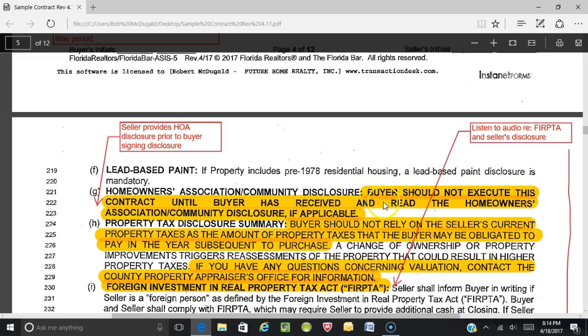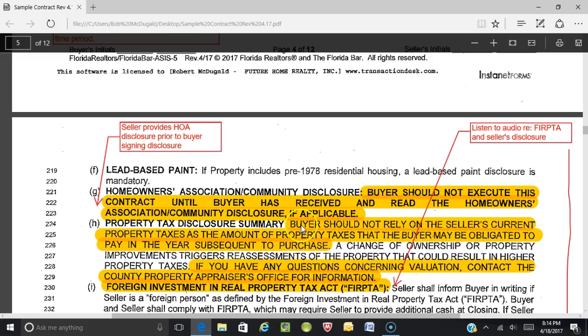You certainly don't want to send over a blank HOA disclosure that's been signed by your buyer and say, please fill this out. You may send over a blank one and say, hey, look, I didn't notice one was here. I need this filled out, so that once it's filled out, I'll have my buyer sign it so that they're being made aware of everything that's involved.